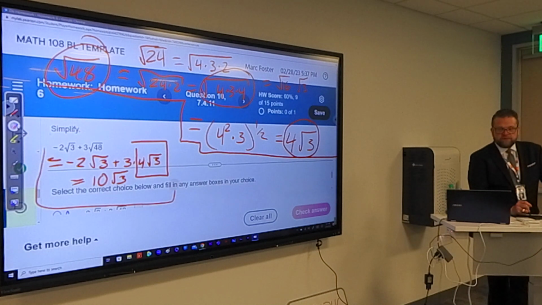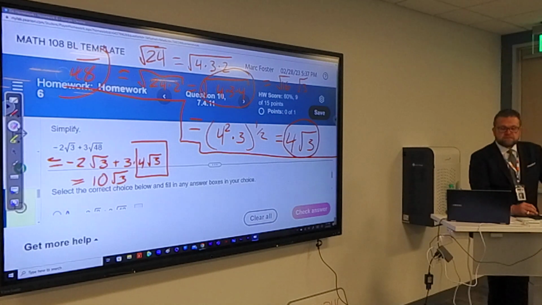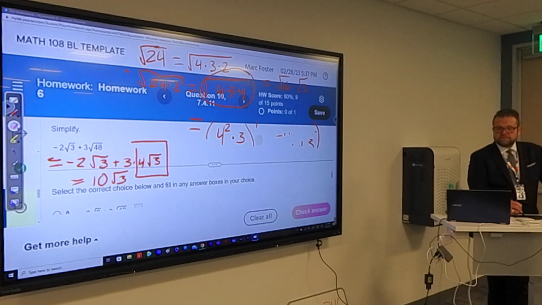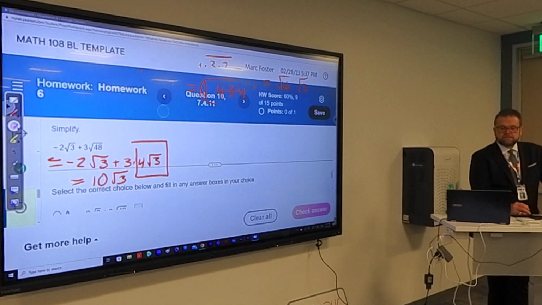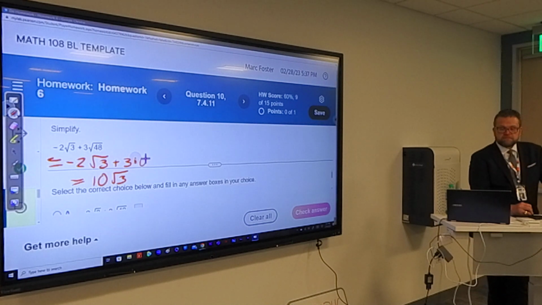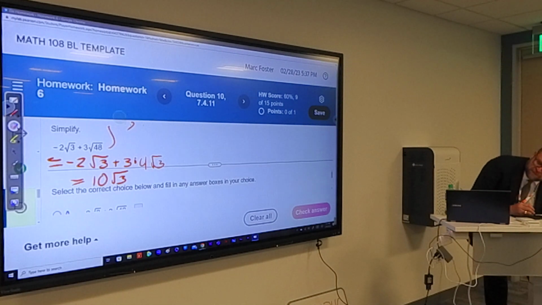It's a minus 2 of these root 3's plus 12 of these root 3's. So, all in one line, you could say that this was, well, that doesn't.